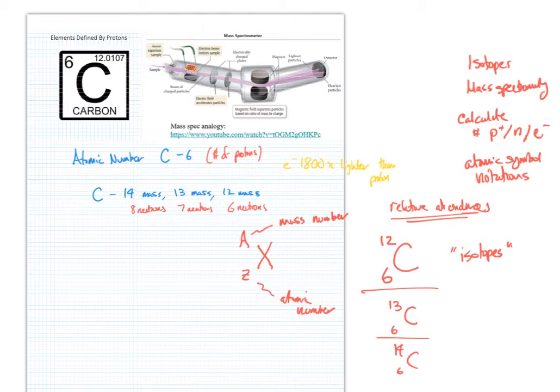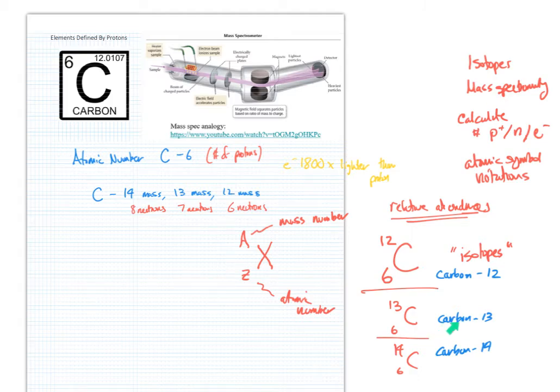And you notice I've already used the word. We would call this carbon-12, sometimes written with a dash, carbon-12, carbon-13, and carbon-14. The reason why I don't need to say anything about the 6, I only need the 12, 13, and 14, is because the fact I'm telling you it's carbon means it's 6. I don't need to figure out what 6 is.